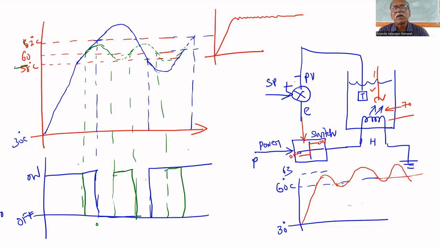But the permanent drawback is that you cannot stop the wandering. It never settles at the set point. That's why we can introduce something else, we'll see in the next class.